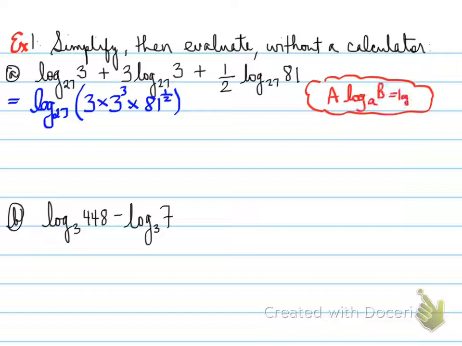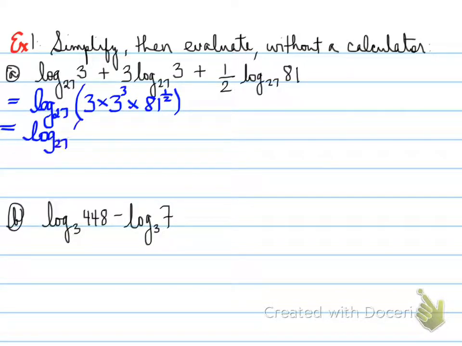Now, note, log base 27 of this is equal to 3 times 27 times 9. What that means is we want a base of 27. Why do we want a base of 27? Well, because we have a 27 base here, and that will help us, hopefully, to get the final answer.